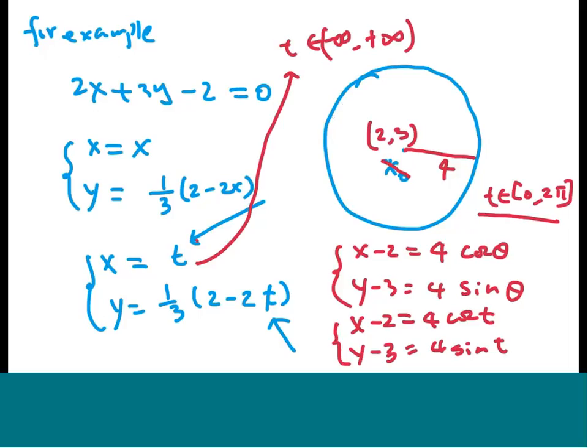Okay, question. Minus infinity to plus infinity, then 0 to pi. Which one is bigger? What do you think? Aren't they the same?